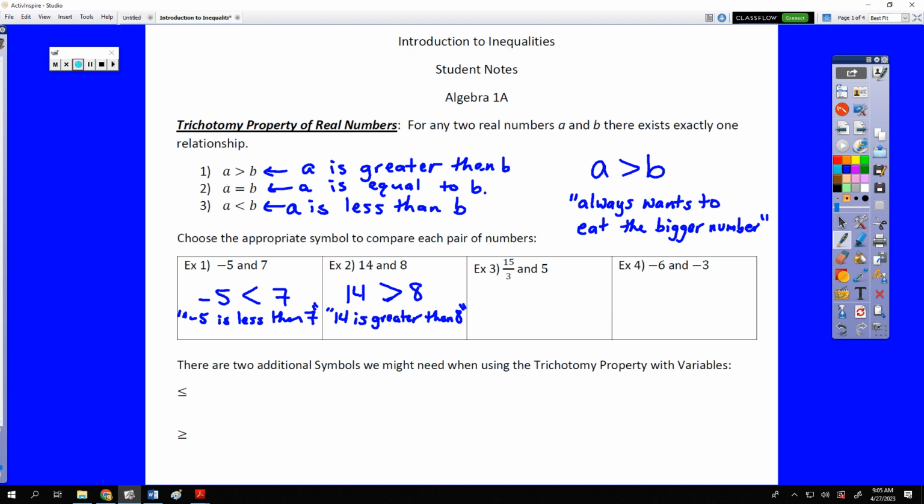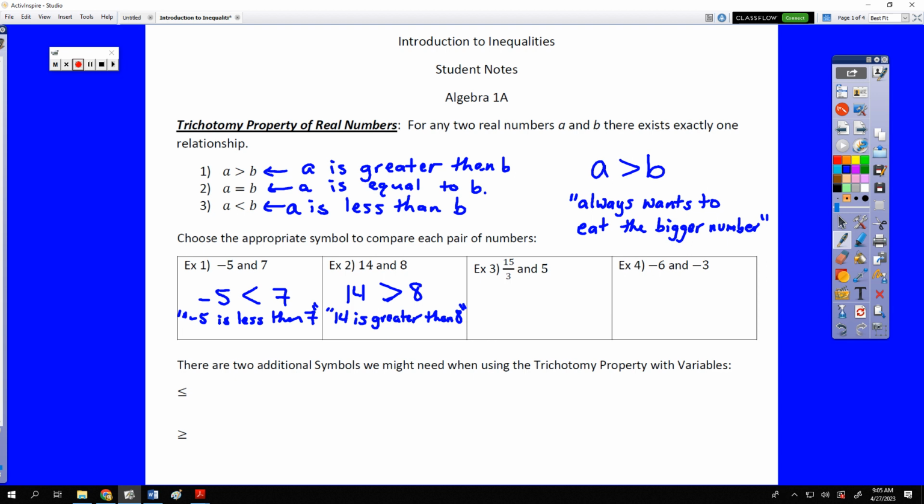Now, with integers, with whole numbers, with negative numbers, that's not very difficult, right? It is not very hard to just plug one of these symbols in between two numbers. But integers are not the only numbers that we need to be familiar with. We're in high school, so we need to be familiar with integers, decimals, fractions, positives, negatives. Eventually, we need to be comfortable with exponents, square roots, but not yet.